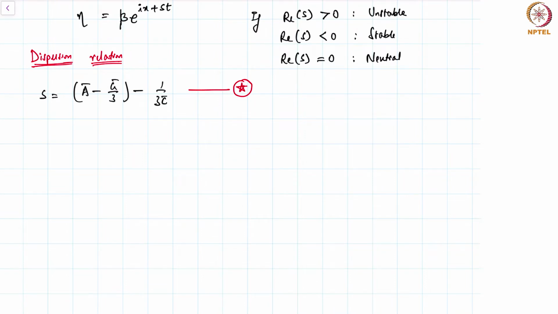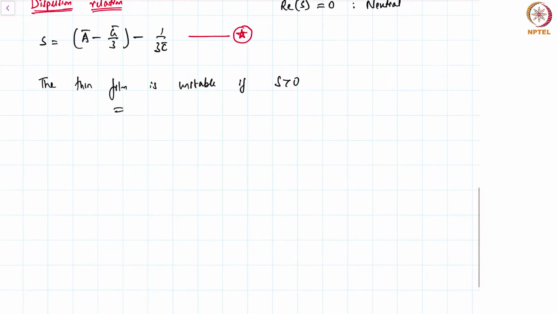So we see that the thin film is unstable if s is greater than 0. And this essentially means if a bar is greater than g bar by 3 plus 1 by 3 c bar.